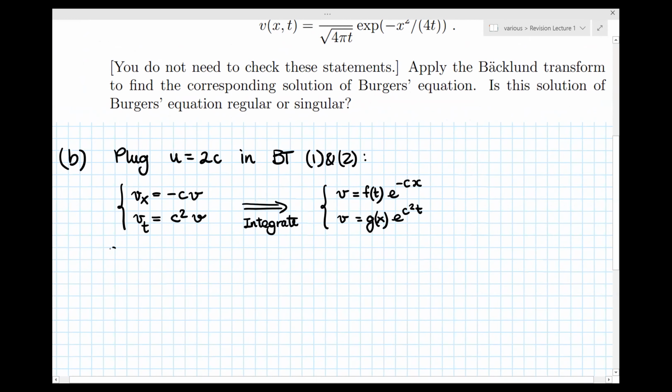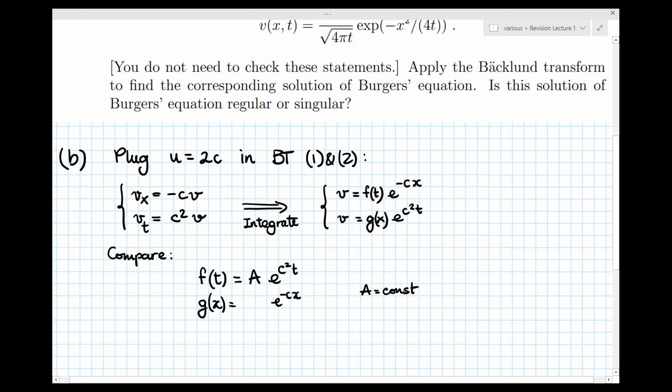Okay, so now we can compare the two expressions for v. And we see that f of t, the integration function in the first expression, must be proportional to exponential of c squared t, where the proportionality factor is a constant a. And similarly, we can determine that g of x must be equal to exponential of minus cx times an integration constant.